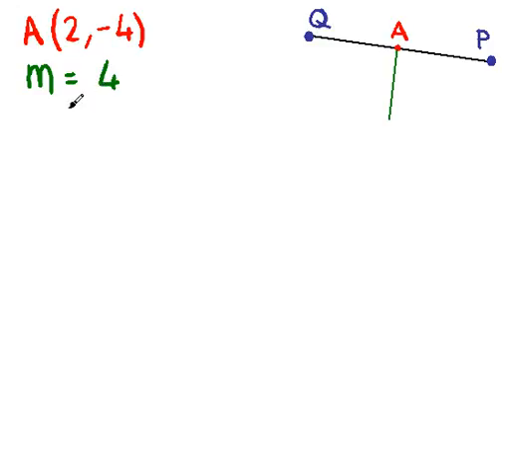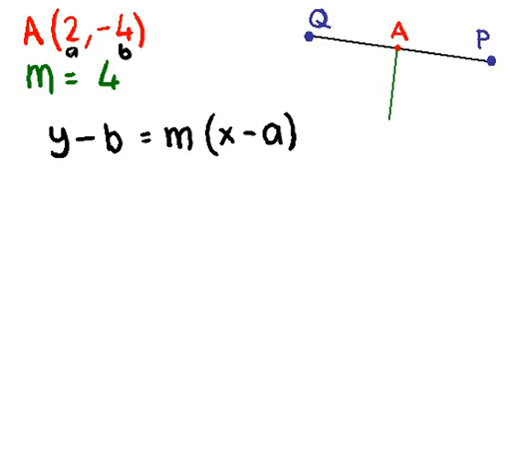Now we substitute into a straight line formula: y minus b equals m times (x minus a), where a and b are the numbers 2 and minus 4.